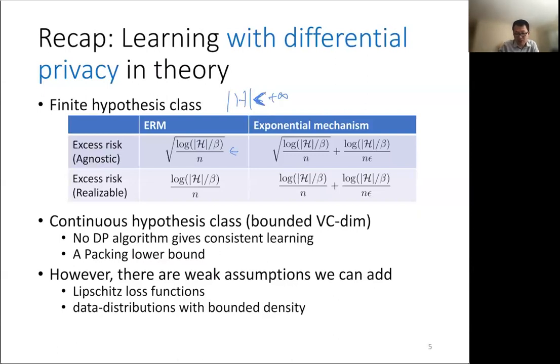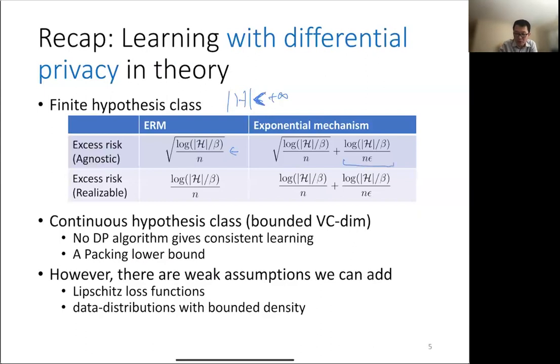And we've seen that if we just run the exponential mechanism and use the standard utility analysis that we learned in a previous lecture, then we can show that the additional error required by this differentially private algorithm is on this order.